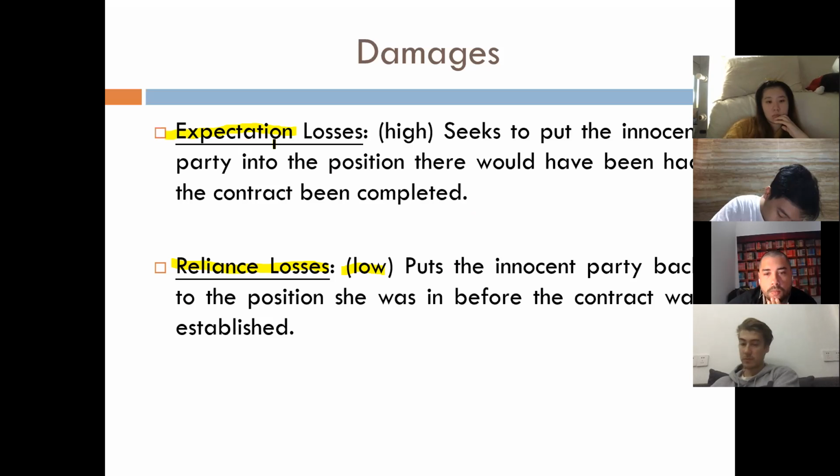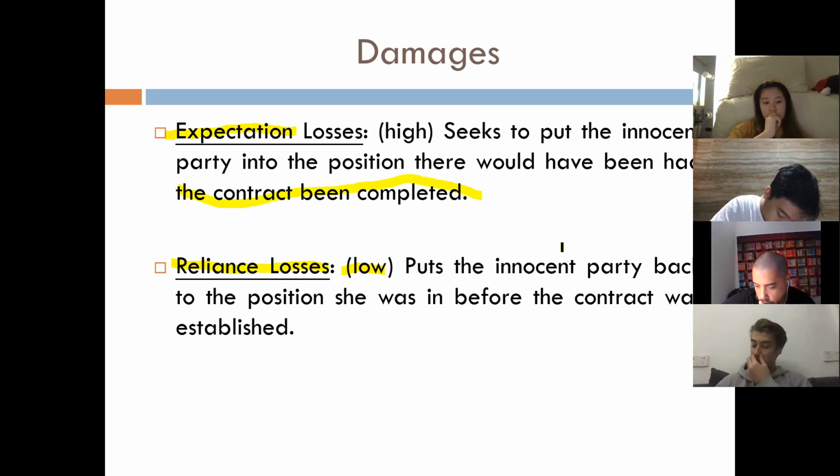And because Jordan broke the contract, I didn't just lose that money I spent. I lost those expected profits. So I don't want the reliance. I want the expectation. I don't want to be in the position before the contract. I want to be in the position I would be if the contract had been completed.